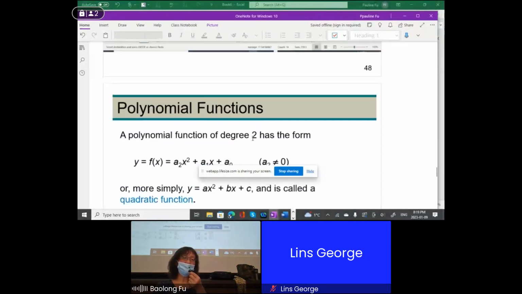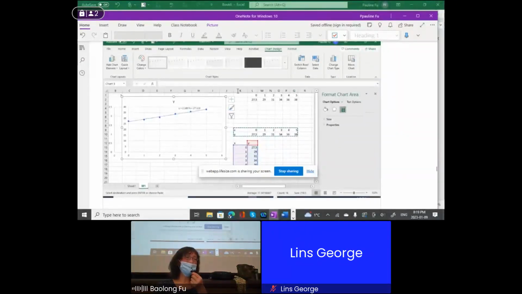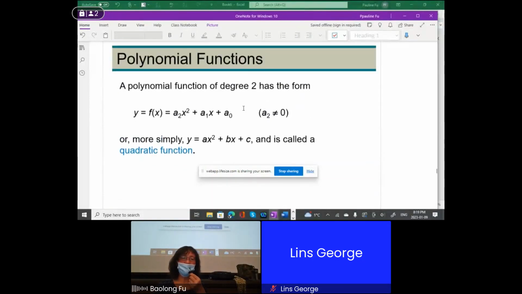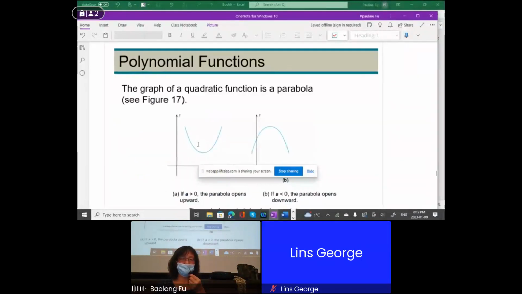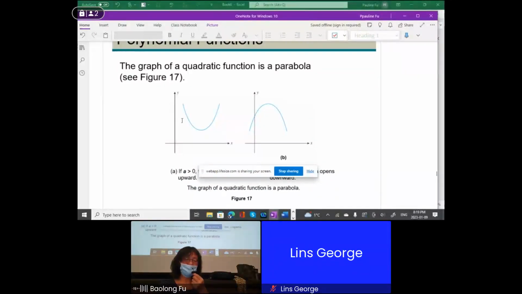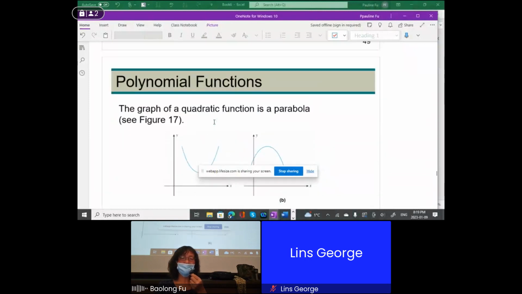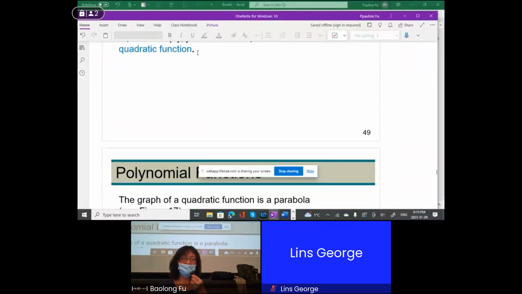When a polynomial function has a degree of 1, you have a straight line. When a polynomial function has a degree of 2, you have a quadratic function, okay, quadratic function. The graph of the quadratic function either opens upwards or opens downwards. And how do I know whether it is upwards or downwards? It depends on the coefficient a, this a.